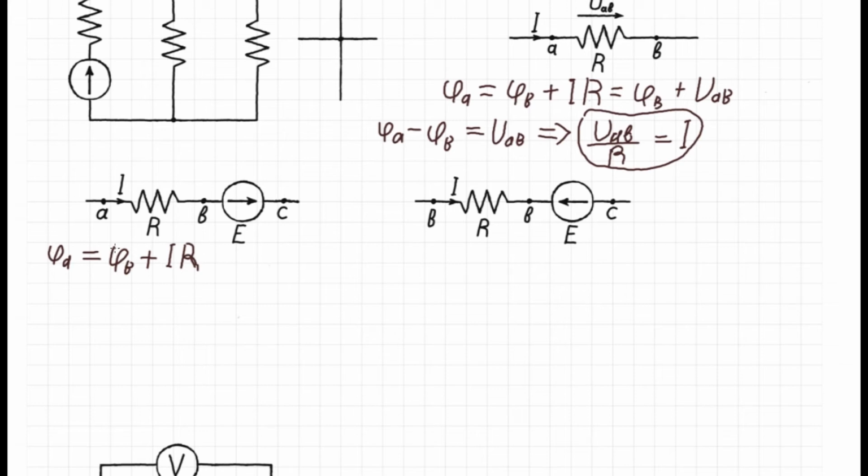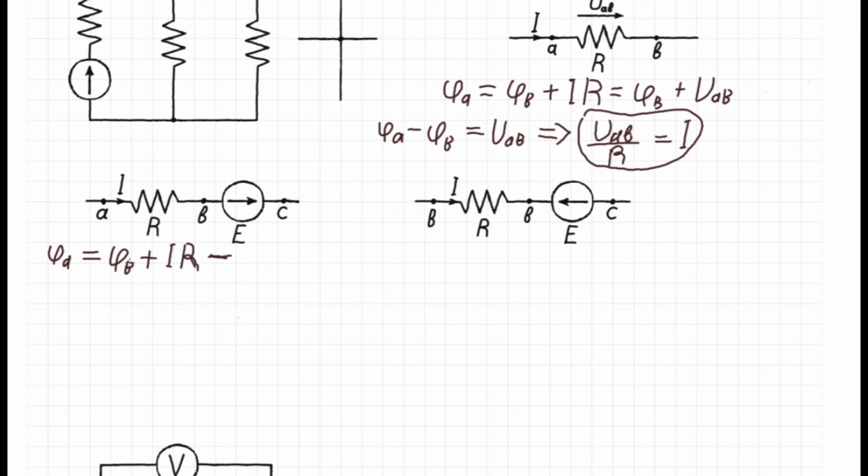if we express the potential at point A through the potential at point B, we must subtract this electromotive source from the potential at point B. We must subtract this electromotive source strength.